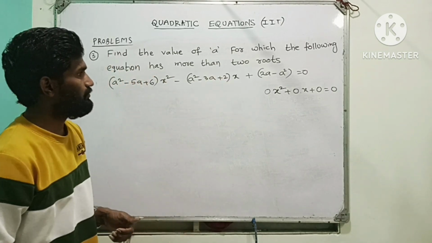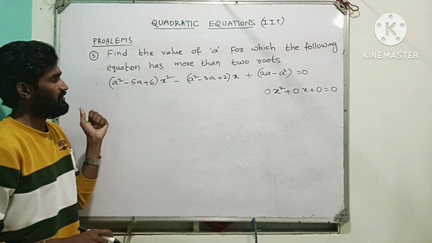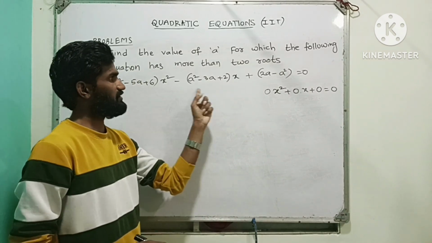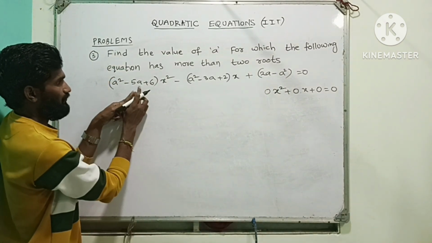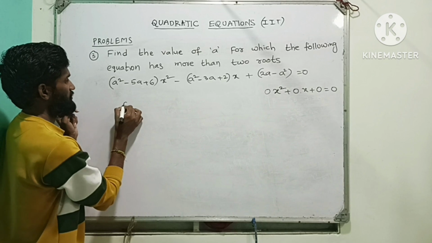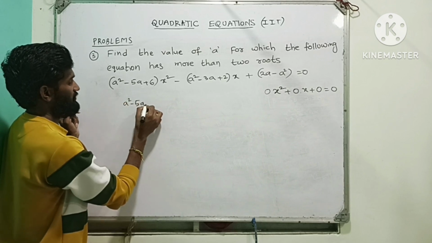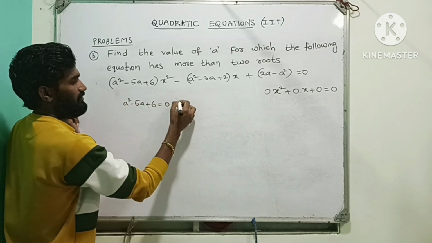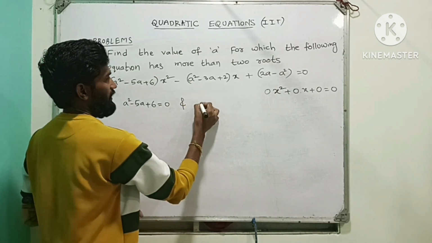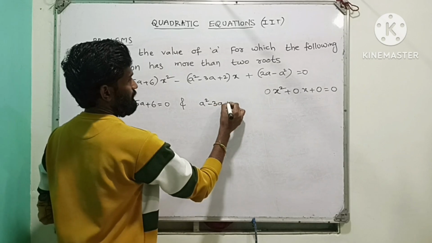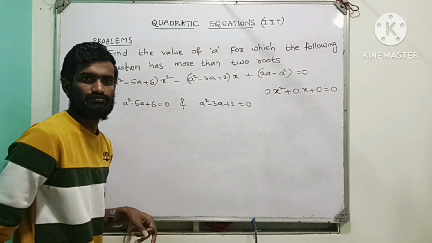Okay. Now if you observe, if this is an identity, then this x square coefficient should be equal to 0. Means a square minus 5a plus 6 is equals to 0. And this a square minus 3a plus 2 is equals to 0.